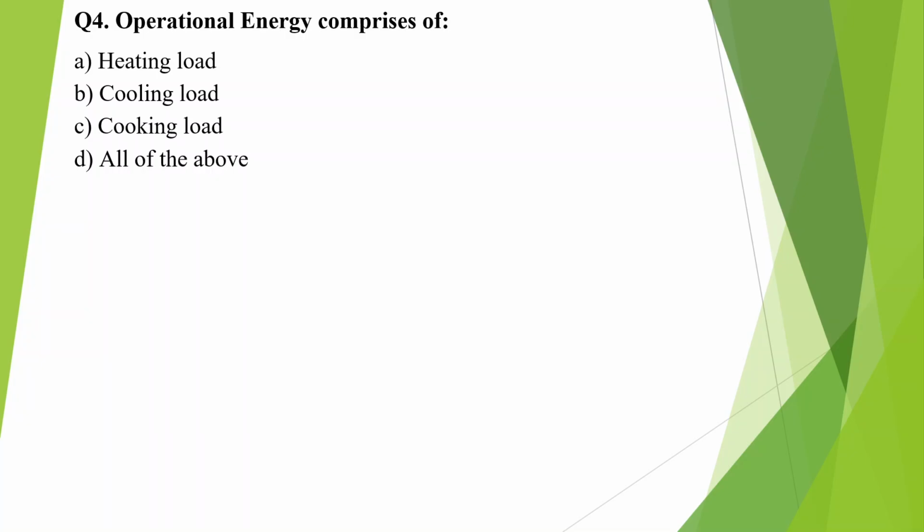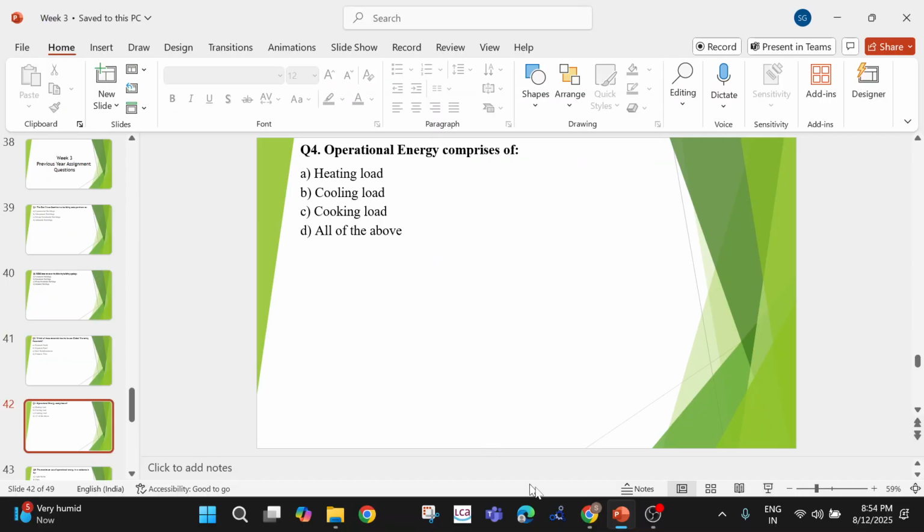Operational: whenever your building is in operation, what kind of energy will it be consuming? It's a simple, very relevant, realistic question. You should be able to answer it. Let's see how many of you know which load comes under operational energy.